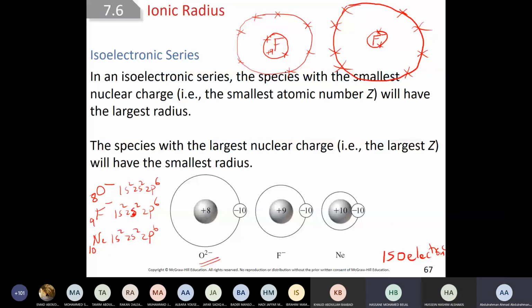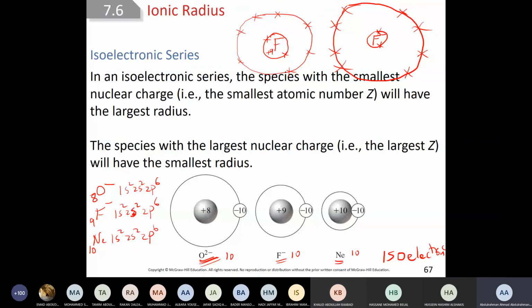How many electrons do you have in O2 minus? 10. How many electrons in F minus? 10. How many in neon? 10. They're all 10.